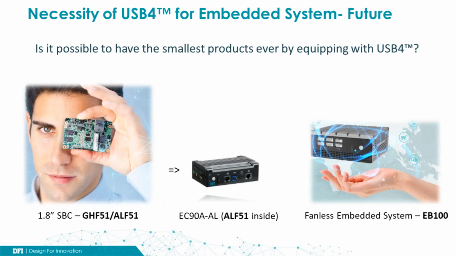It is interesting to think about whether a smaller EC90A can be created with USB4. Moreover, EB100 is a palm-sized embedded system equipped with Core i performance, and it could also be thought about whether it can be made as small as possible with USB4.